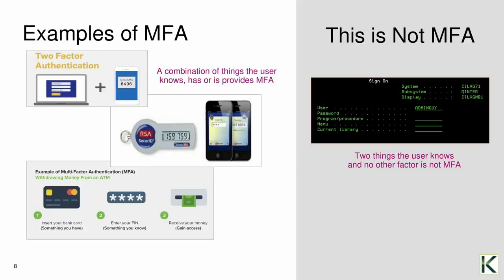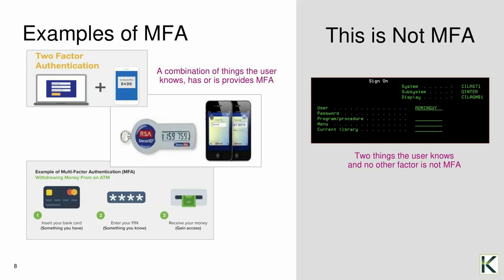Here are some simple examples of multi-factor, as if we needed reminding. In the first example, we have a laptop username and password, but then a mobile phone with a text message containing a code. Interestingly, and Lindsay comes on to that, there are some issues around that type of authentication these days.